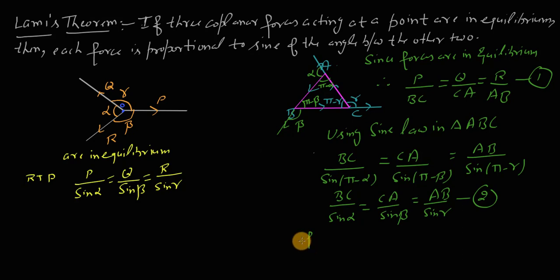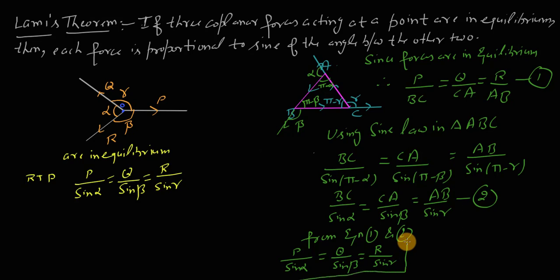So from equations 1 and 2, we get P by sine alpha is equal to Q by sine beta and R by sine gamma, which was required to prove.